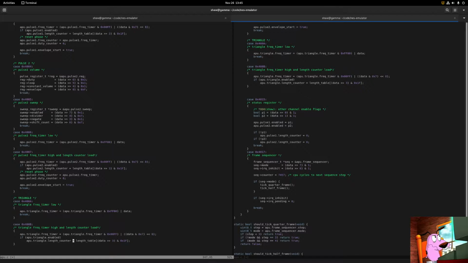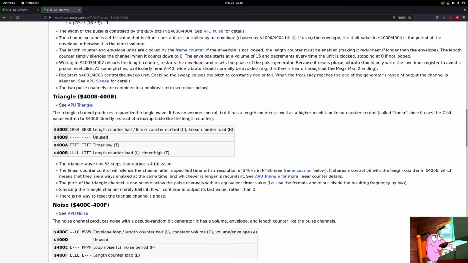Yeah, it doesn't read from a length table though. It said that it has no volume control, it has a length counter. Instead of a lookup table like the length counter.